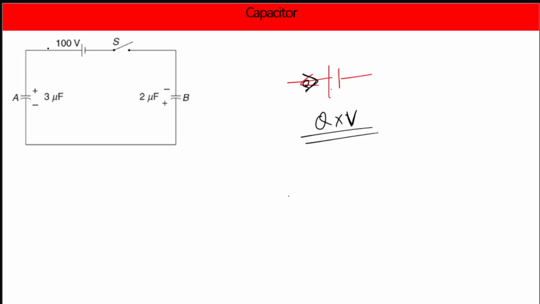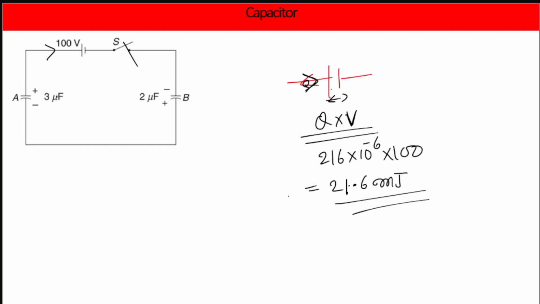That is 216 microcoulomb, into the potential difference of the battery, that is 100, right? It will be equal to 21.6 millijoule of energy.